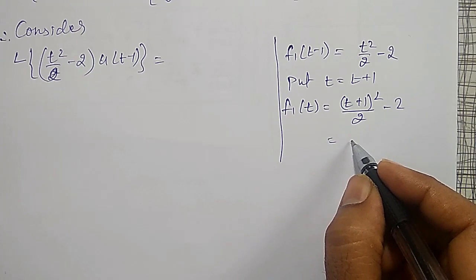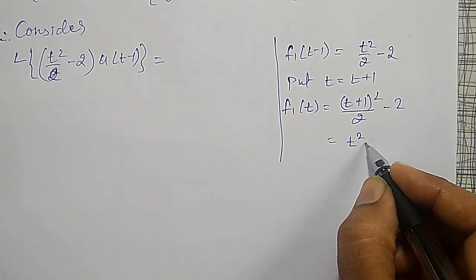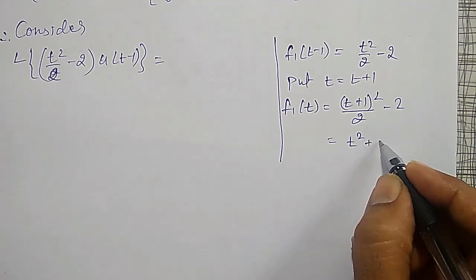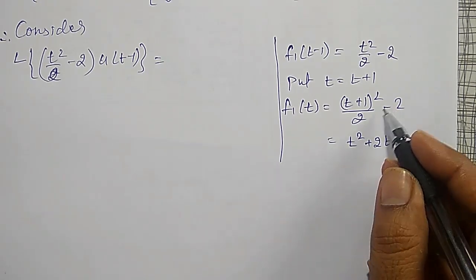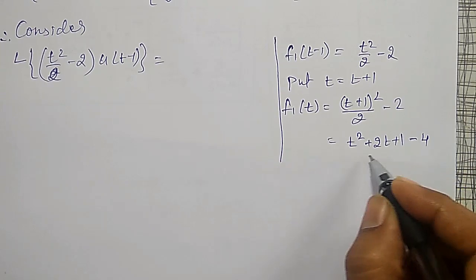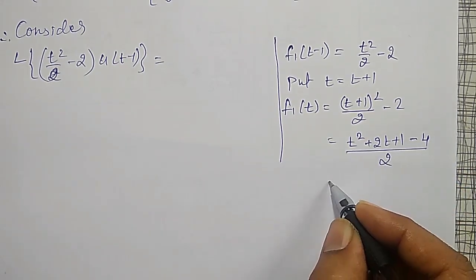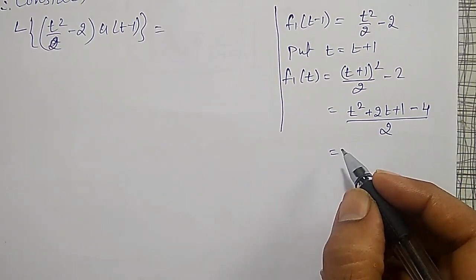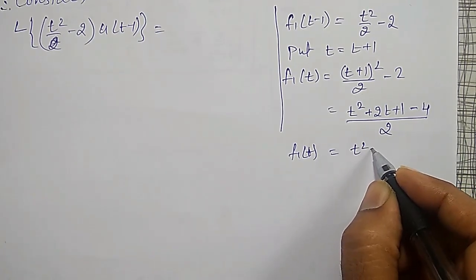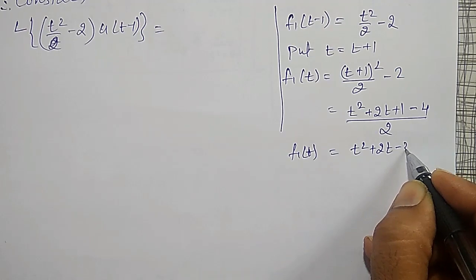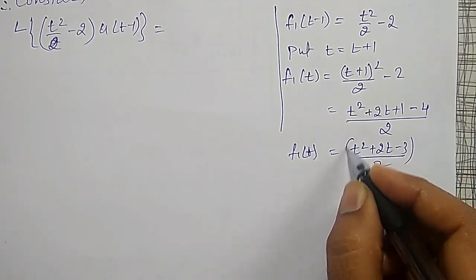Simplify this: t square plus 2t plus 1 minus, taking LCM as 2, it will become 4, whole divided by 2. Therefore, the final answer, my f1 of t is t square plus 2t minus 3 whole divided by 2.